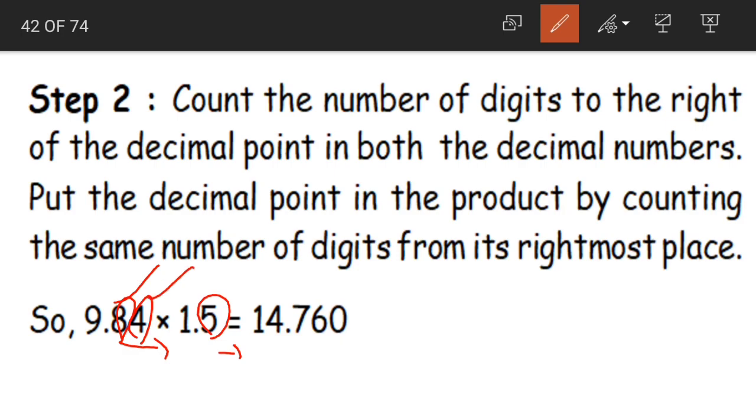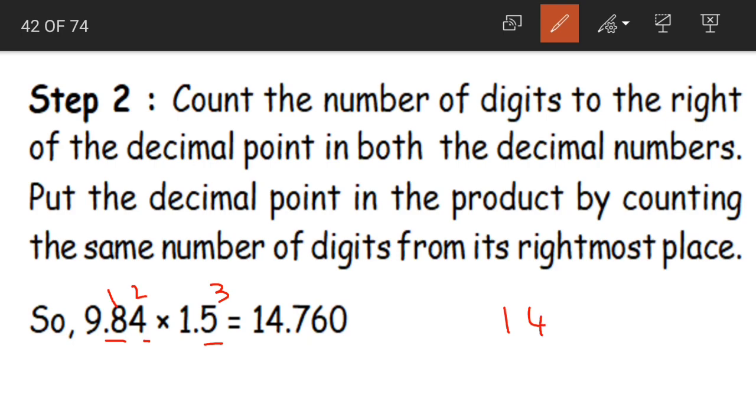Yes children, to this side of the decimal number, how many digits do we have? 1, 2 and 3. We have to consider the number of decimal places in both the given numbers. In multiplication, what should we do? We have to consider the number of decimal places. These are the decimal places, yes. The decimal places in both the given numbers. We have 1, 2 and 3 decimal places altogether.